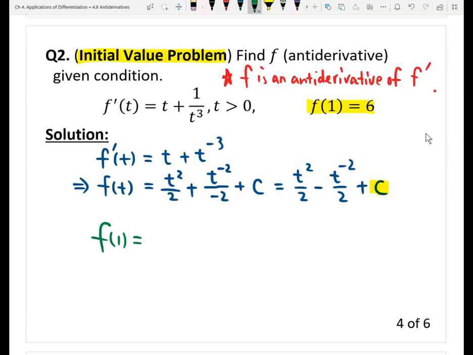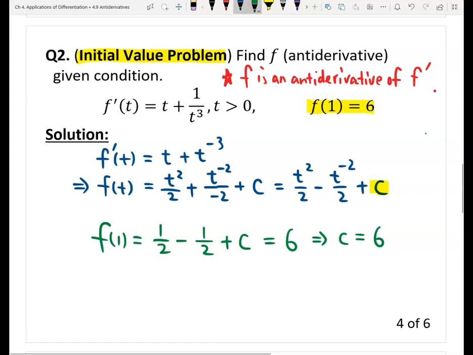Putting t equals 1 into that formula, we get 1 over 2 minus 1 over 2 plus c, right? The condition gives us 6. What do we get for c? Of course, c equals 6, right? That's good.